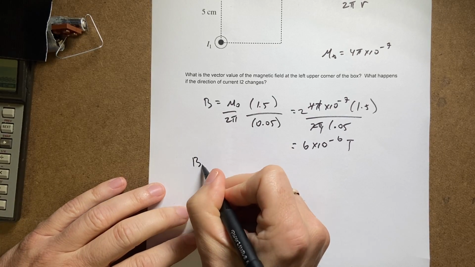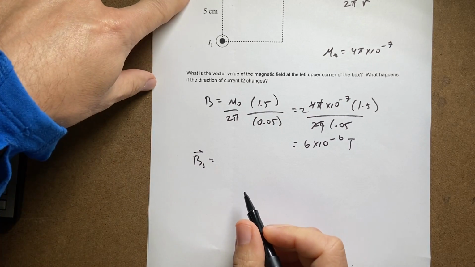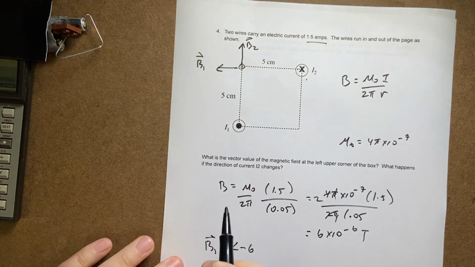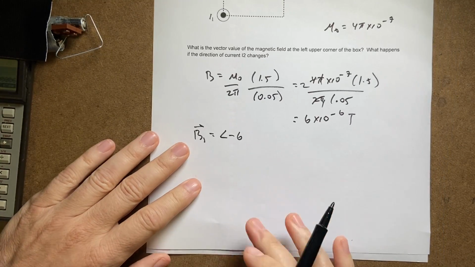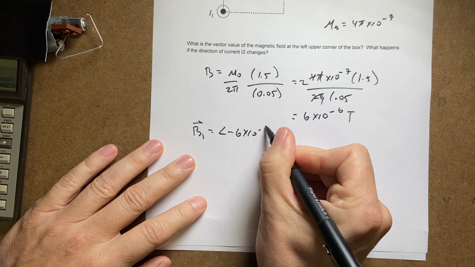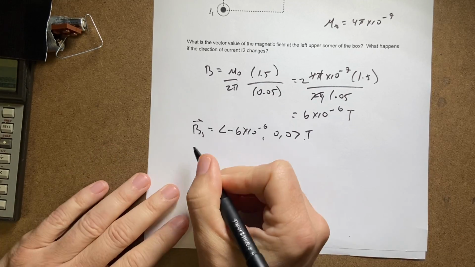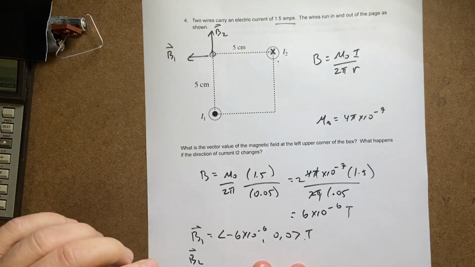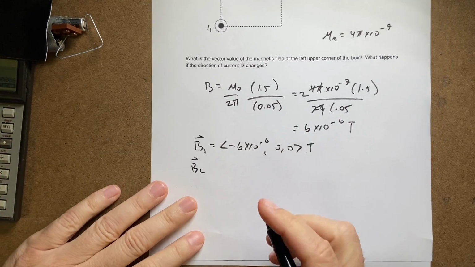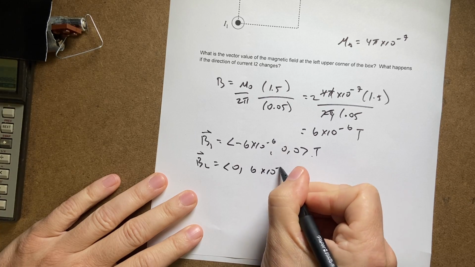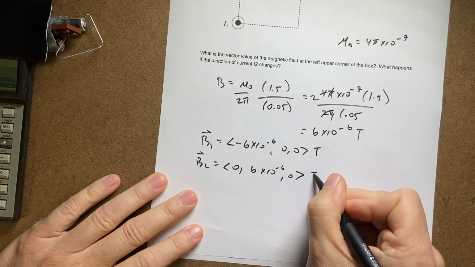Okay, so now B1 is going to be equal to the vector negative 6. B1 is in the negative x direction. Negative 6 times 10 to the negative 6, 0, 0 Tesla. B2 is in the positive y direction. So it's going to be 0, 6 times 10 to the negative 6th, 0 Tesla.